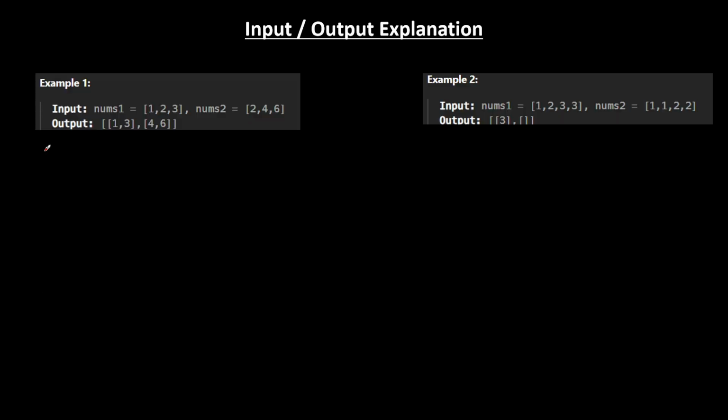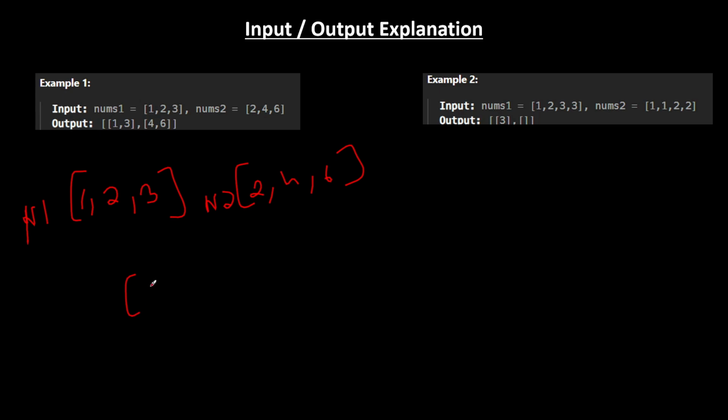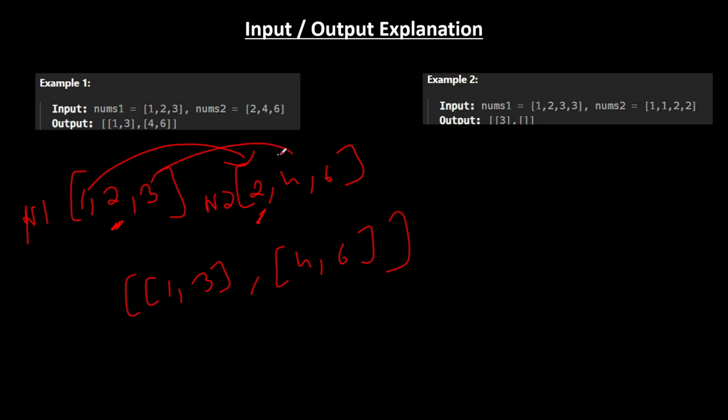Let's understand the input and output of the problem. Here we can see nums1 is 1, 2, 3, and nums2 is 2, 4, and 6. The output is 1, 3, 4, 6, because 2 is present in both arrays, so we cannot take it. But 1 is not present in nums2, so it is unique. 3 is also not present there, so it is unique.